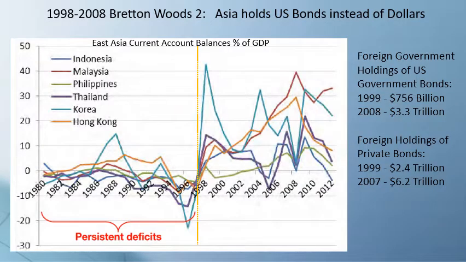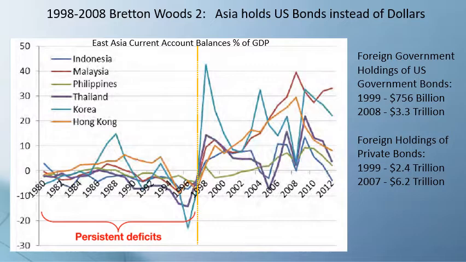Well, what changed is we really move into a period that is sometimes called Bretton Woods II. What changed is that the East Asian countries quite rationally responded to the 1997 crash by returning to running large current account surpluses, right?